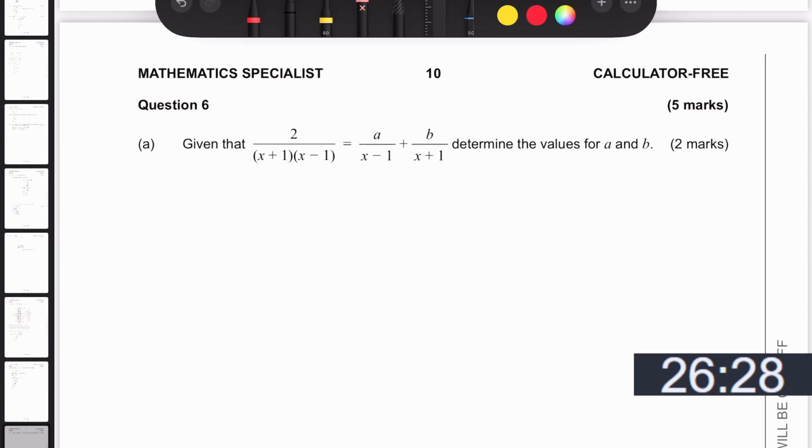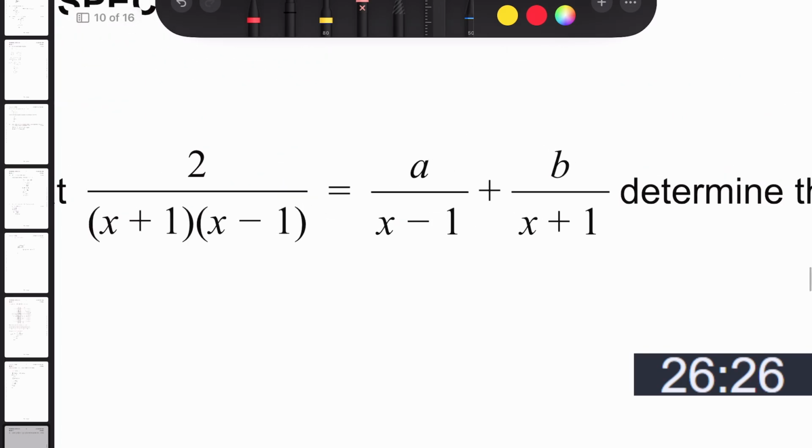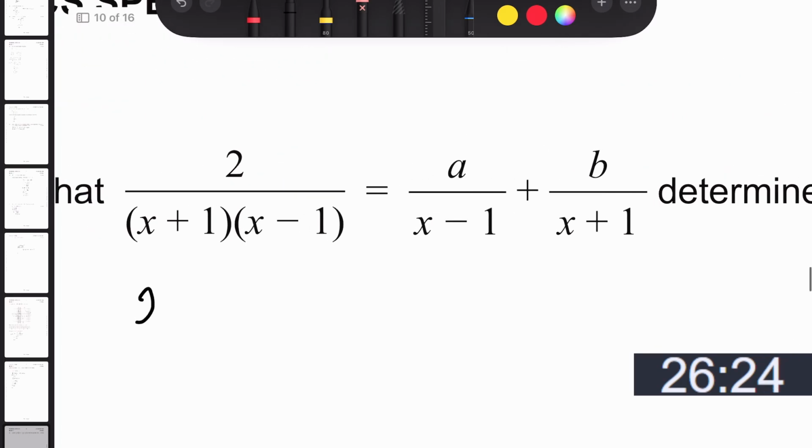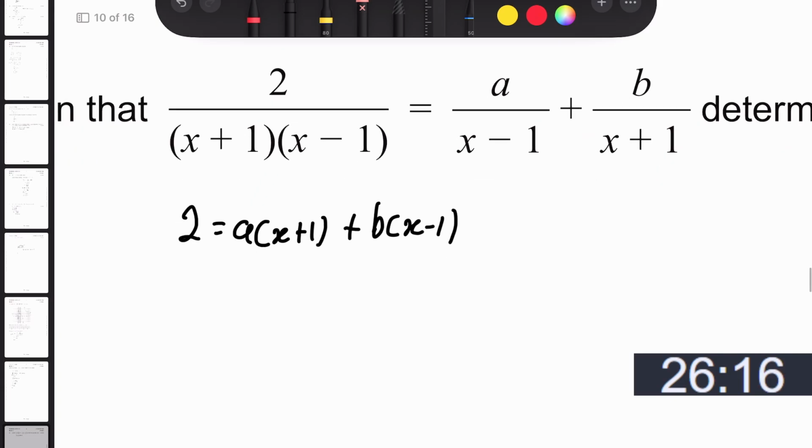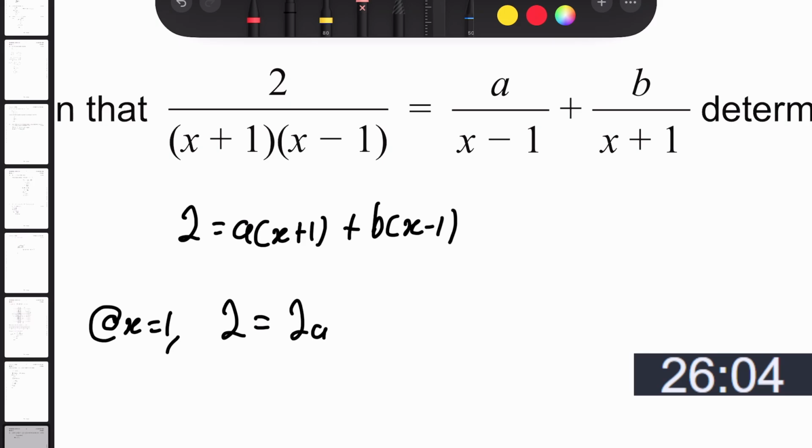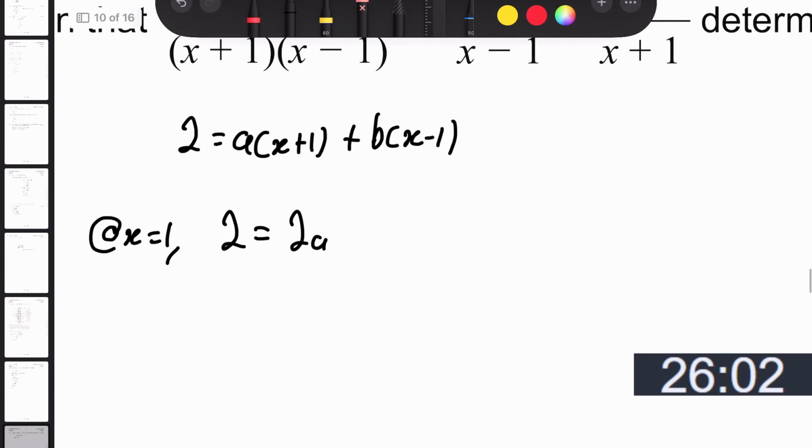Given the terminal values of a and b, we need that 2 is going to equal a times (x plus 1) plus b times (x minus 1), that is cross multiplied. And then let's say x equals 1, 2 is going to be equal to 2a, and then b is 0, so we're going to have a equal to 1.